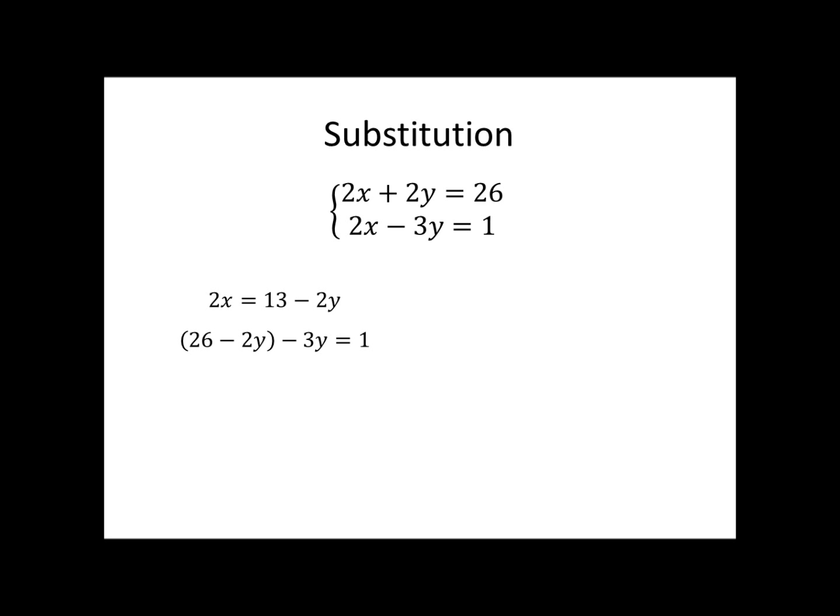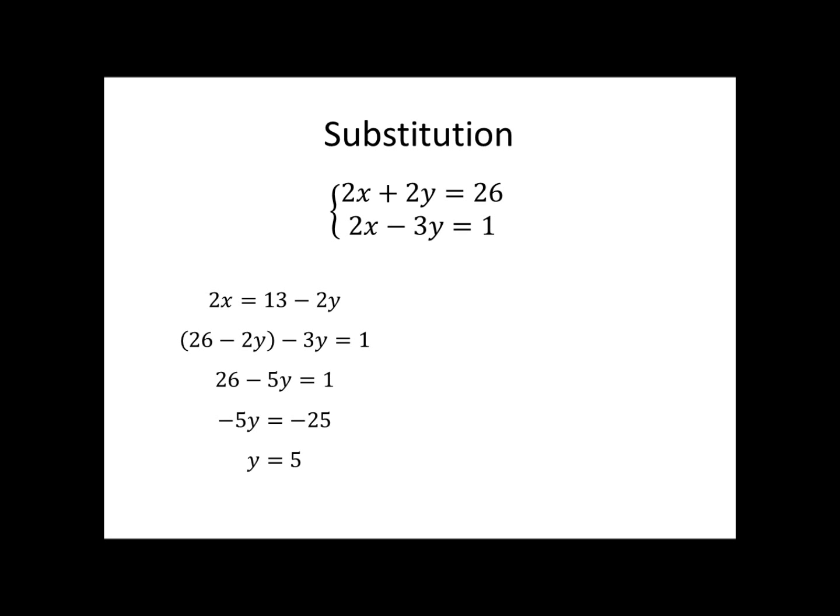Now, you see it's a 26 minus 2y minus 3y. I replaced the whole 2x with the 26 minus 2y. Combining like terms and solving for y, I get y equals 5.